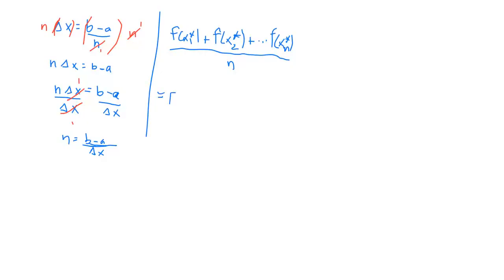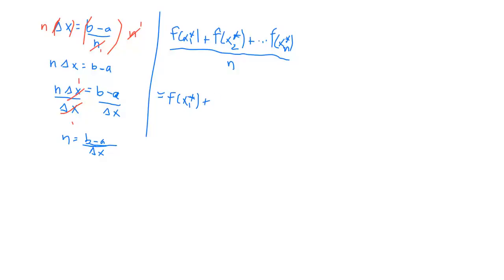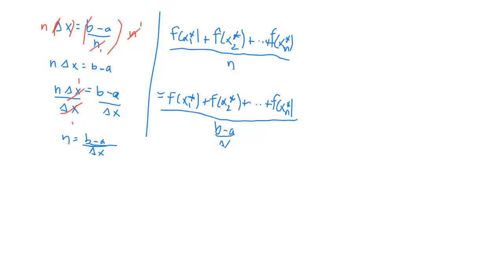Well, that's equal to this, with a plus here. You can replace the n with b minus a divided by delta x. See that? That's what they're doing in the book. Are there any questions on that before I return to the book?